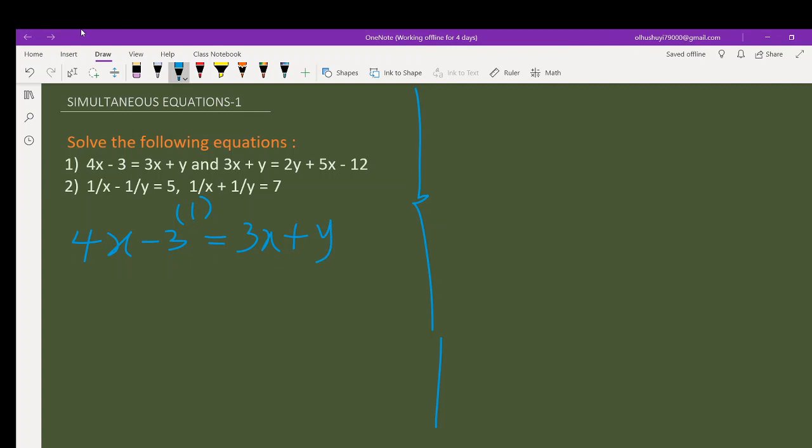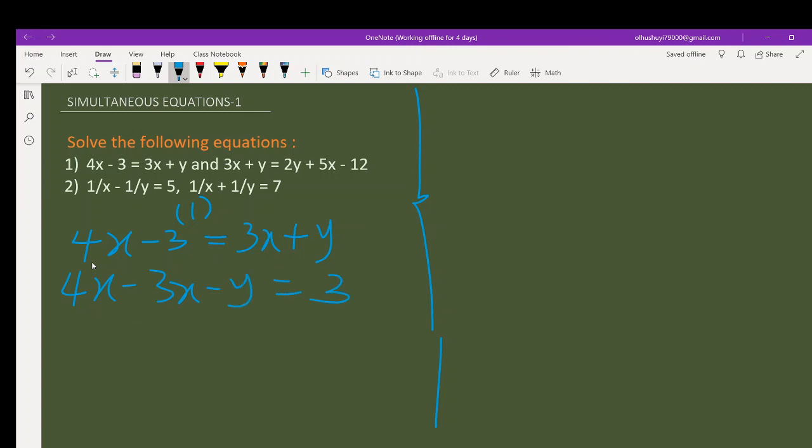Here you can collect like terms such that you have x and y on one side and the constant on the other side. So we have 4x minus 3x minus y is equal to 3.